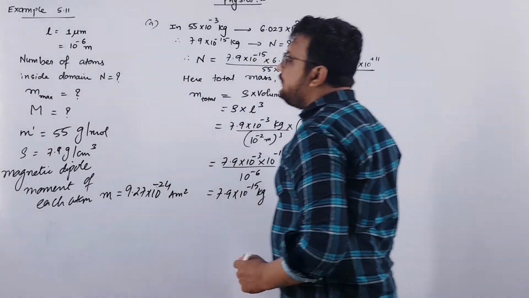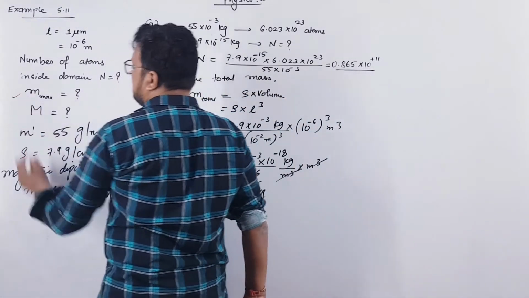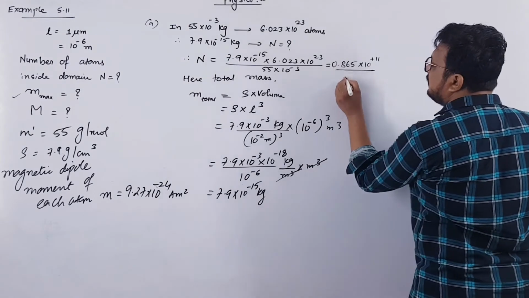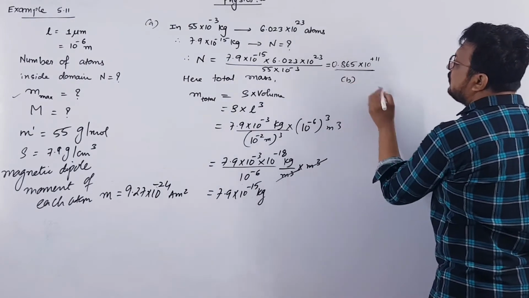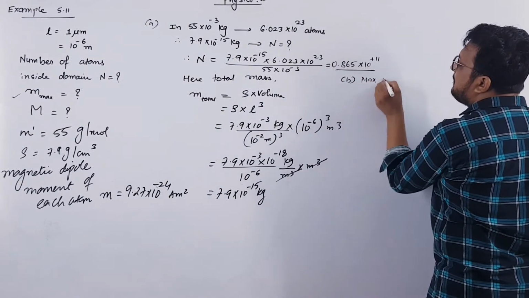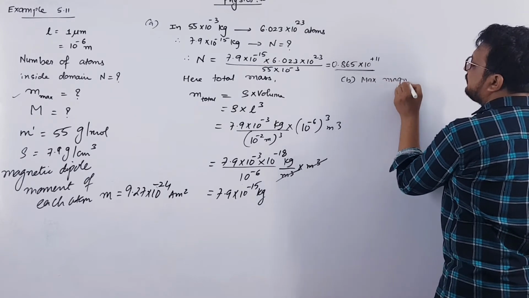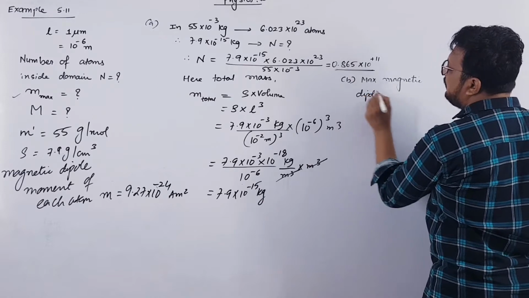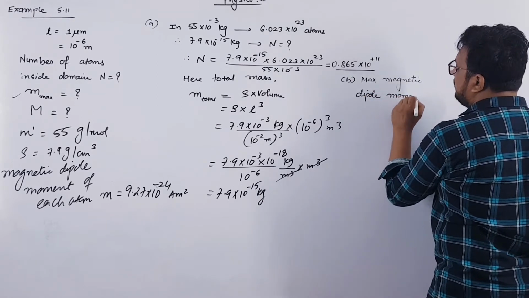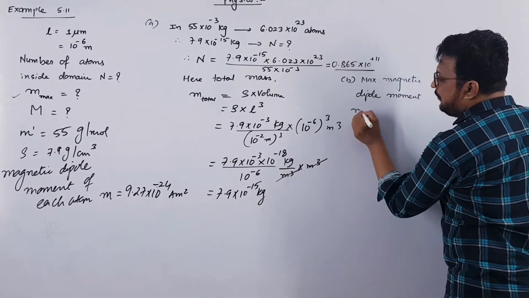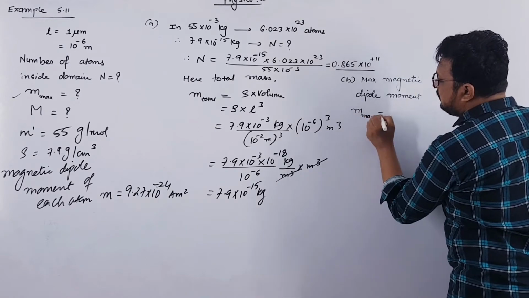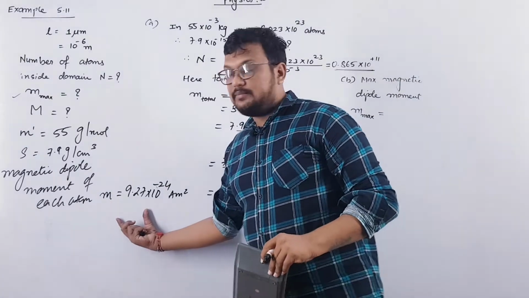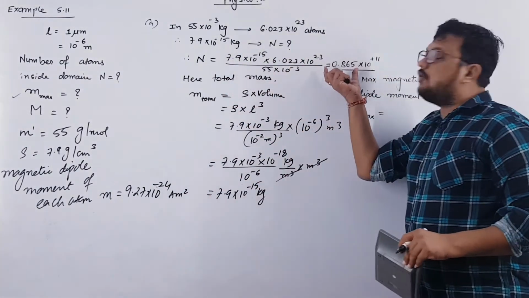Now the second thing which we have to find is M max, that is maximum dipole moment. So in case B we have to find the maximum magnetic dipole moment. So the maximum magnetic dipole moment M max will be equal to, look, this is the magnetic dipole moment of each atom and there are n number of atoms, right?